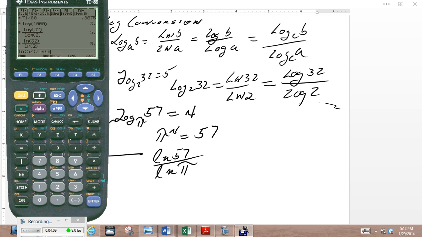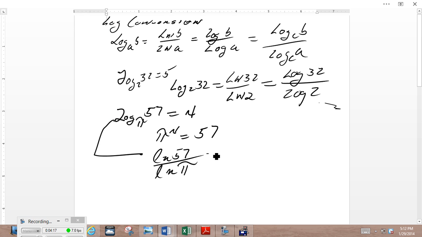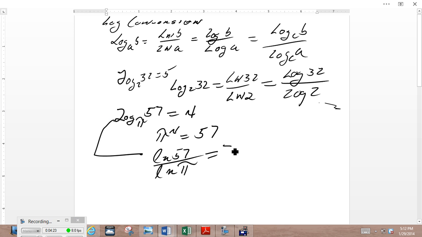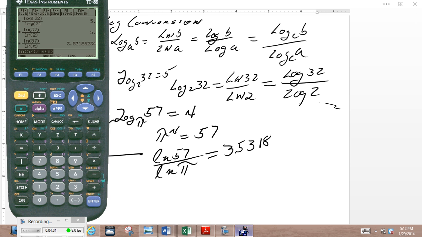That gives us 3.5318. So in other words, that would imply that pi to that power should be 57.